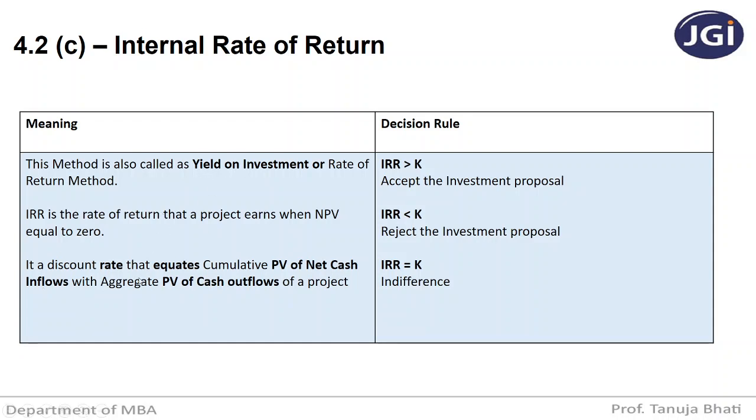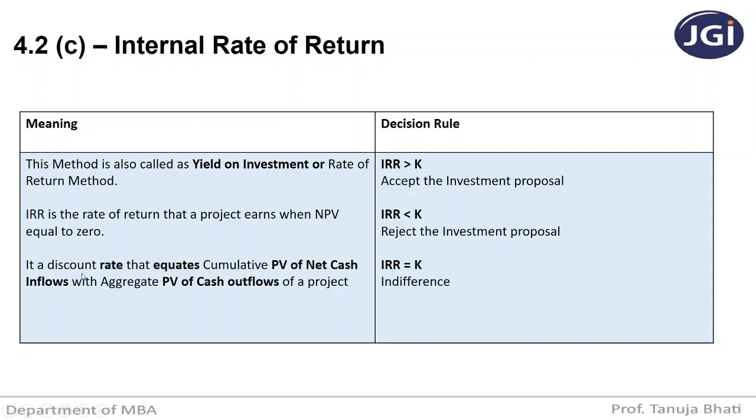Now what is that particular rate that is termed as internal rate of return? It is that rate at which the NPV will turn out to be 0. Now what is the formula for NPV? PV of cash inflows minus PV of cash outflows. If you subtract PV of cash outflows from PV of cash inflows, and if the answer is coming to 0, the rate at which NPV comes to 0, that is the internal rate of return.